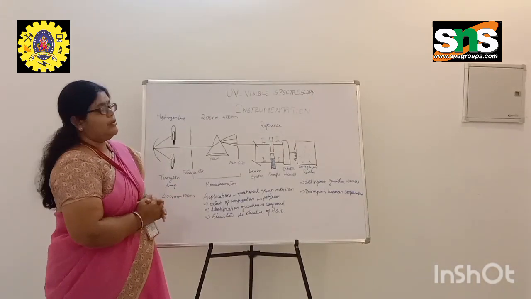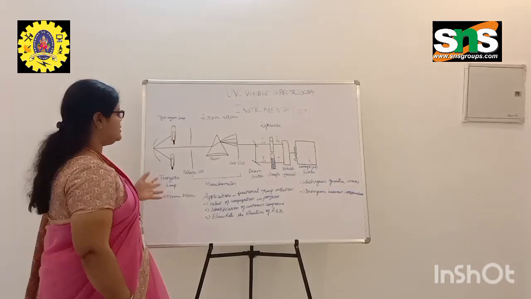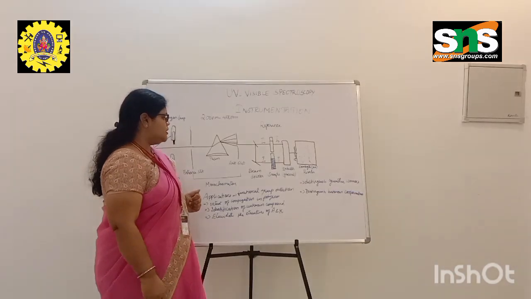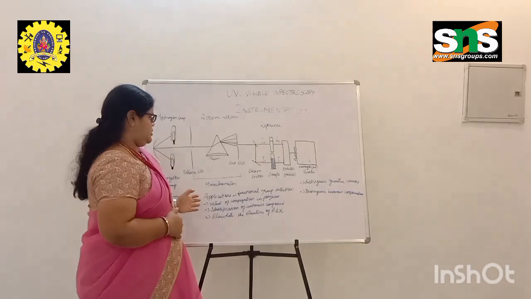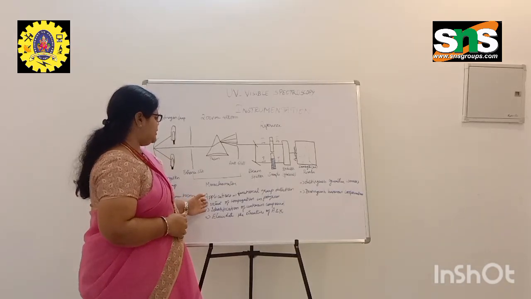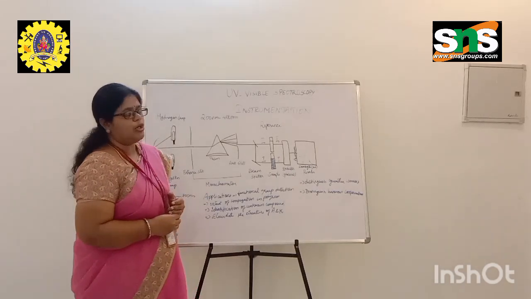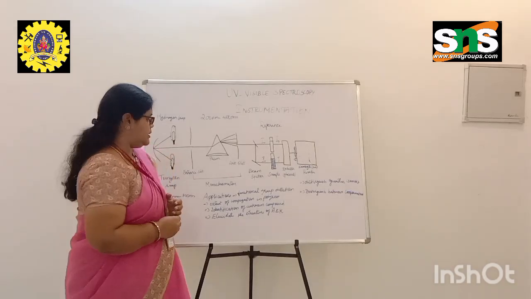Applications of ultraviolet visible spectroscopy. Now we'll see what the different applications are. You can determine the functional group of any compound. The extent of conjugation in polyenes can be determined.